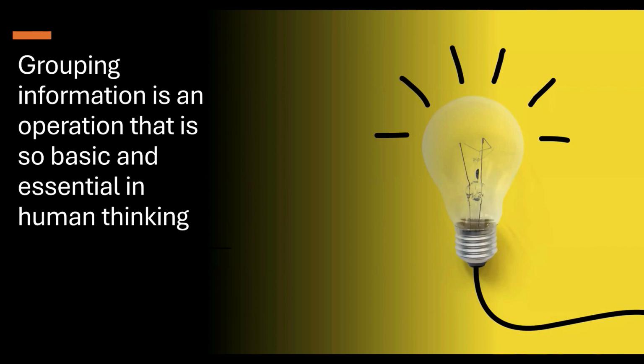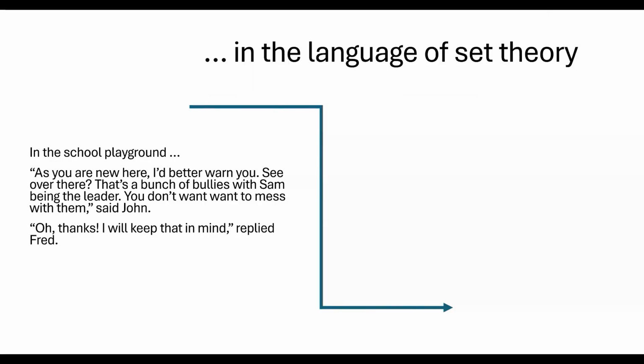Actually, all we do is grouping. That is a very basic operation. That's the first thing you do: you observe the world around you and you group what you see. And that is something that has been programmed into the human brain.